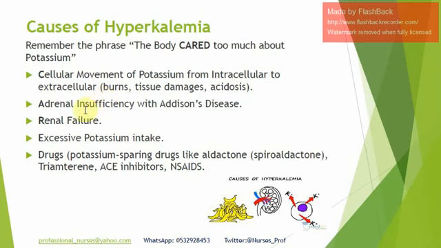The second cause is adrenal insufficiency with Addison disease. The third cause is renal failure, because our body is unable to excrete potassium through the kidneys. The fourth cause is excessive potassium intake through food, drugs, etc.